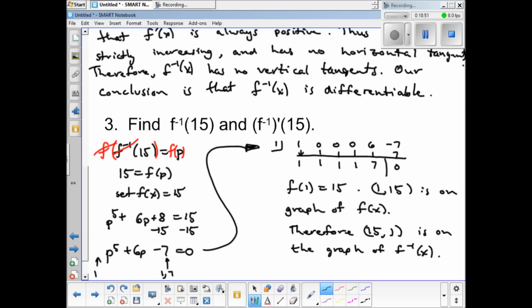Right? Because x and y trade. So, what is f inverse of 15? 1.